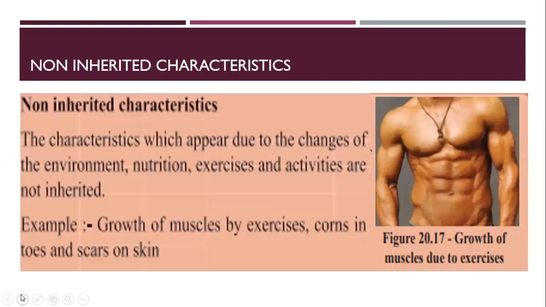Non-inherited characteristics such as the growth of muscles by exercises, or in simple terms, the growth of six-packs, corns in toes, and scars on skin are some non-inherited characteristics which appear due to the changes of the environment, nutrition, exercises, and activities.